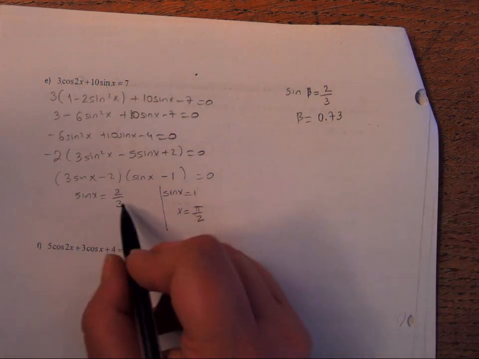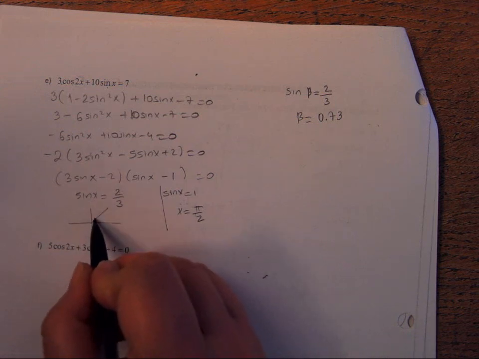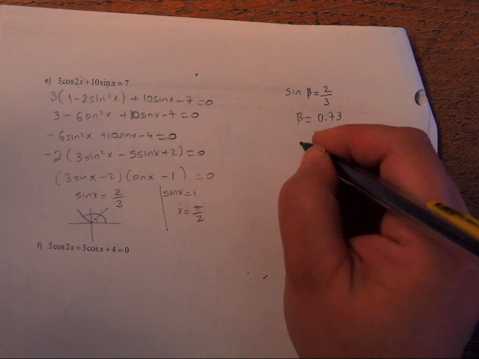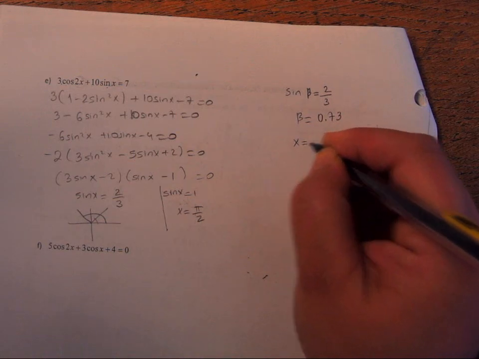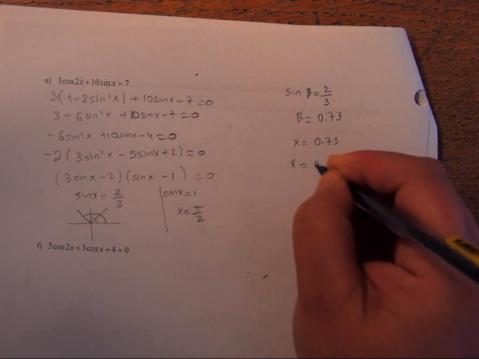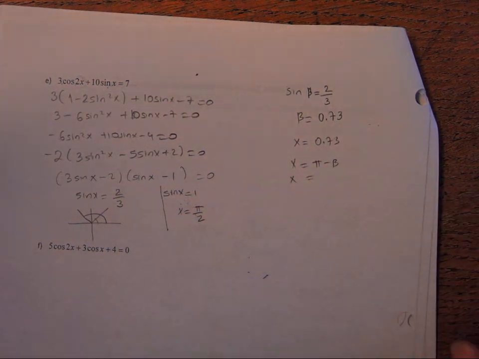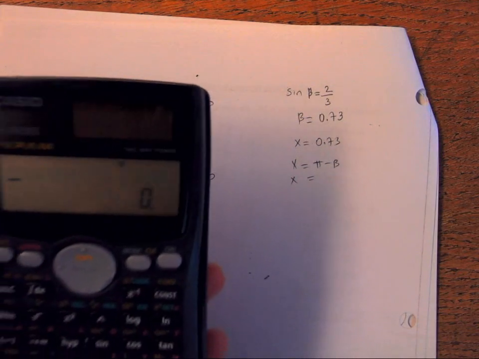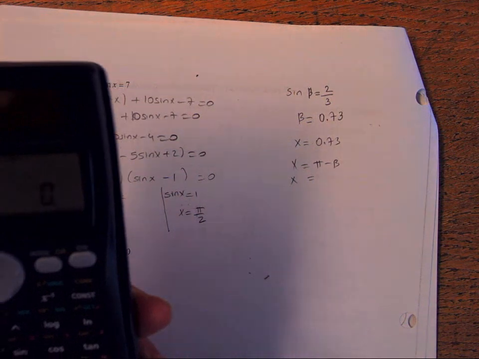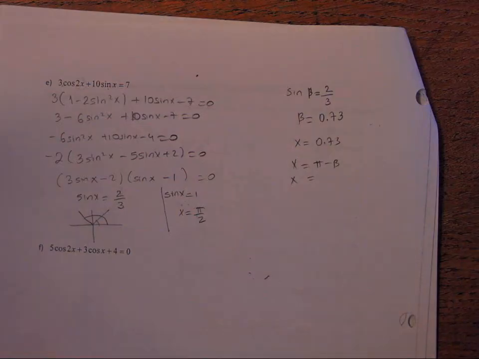Then sine is positive in quadrant 1 and quadrant 2. Then x is going to be beta itself and also pi minus beta, which is pi minus 0.73. It gives you 2.41.